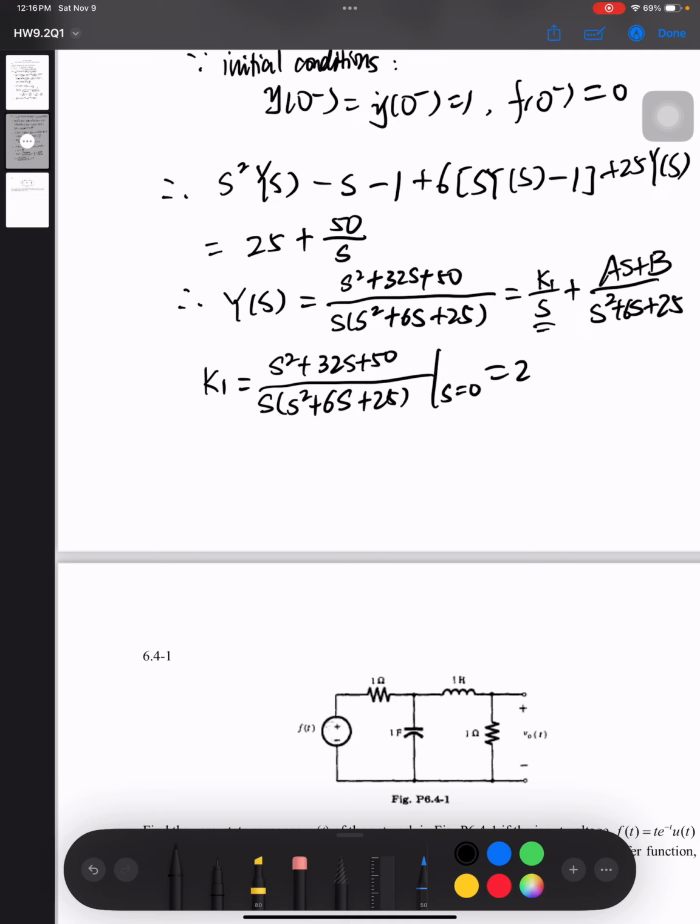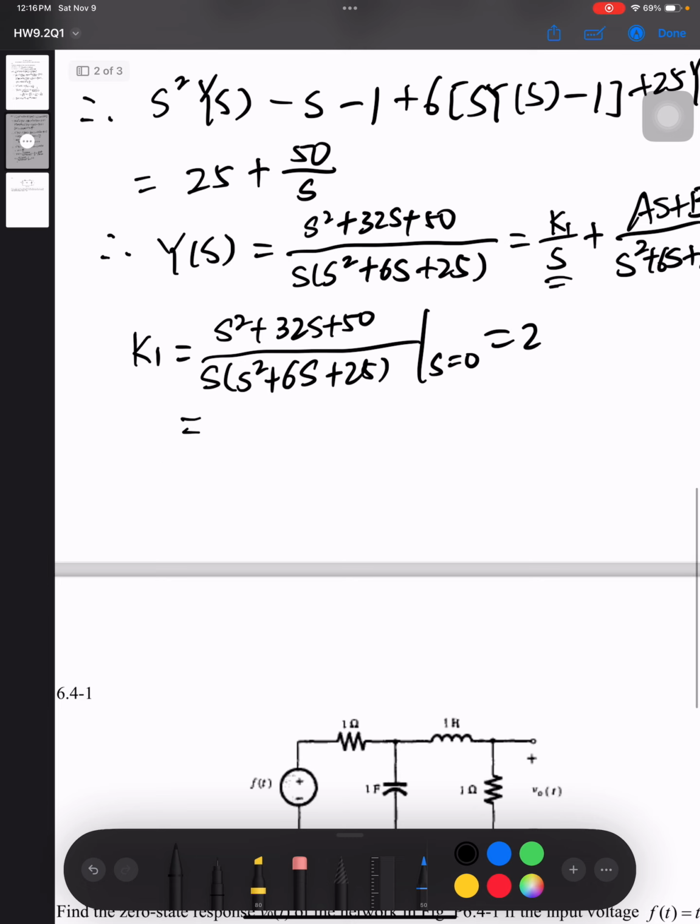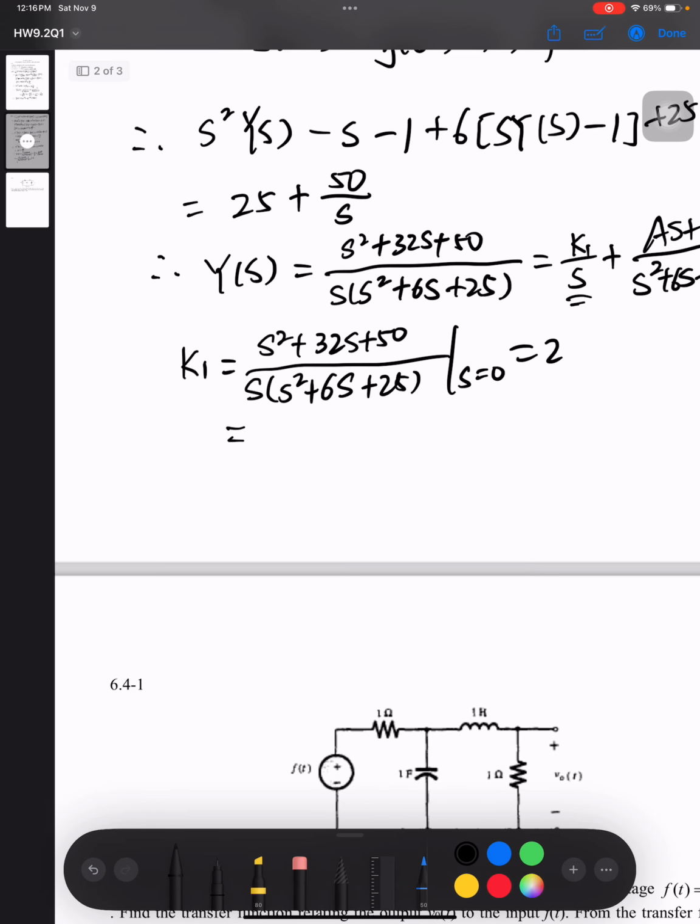So we can get the expression of this part. Eventually Y(s) is 2 over s plus (as plus b) over s squared plus 6s plus 25.